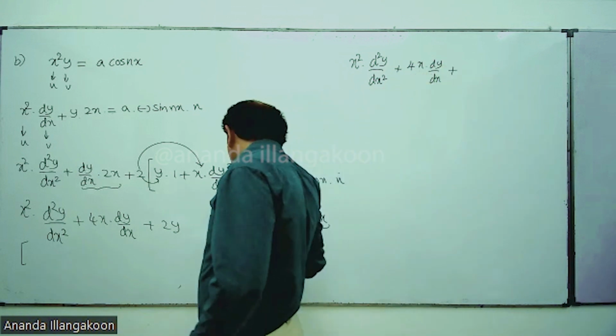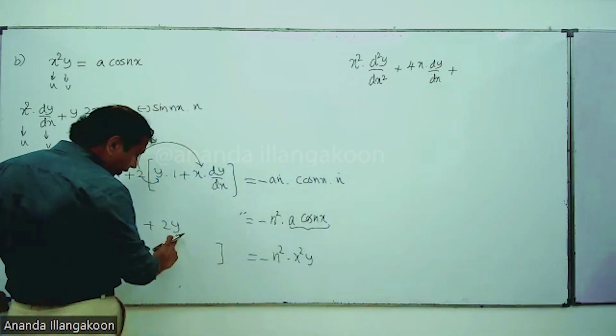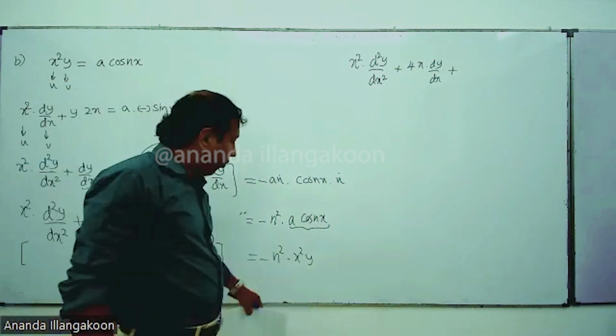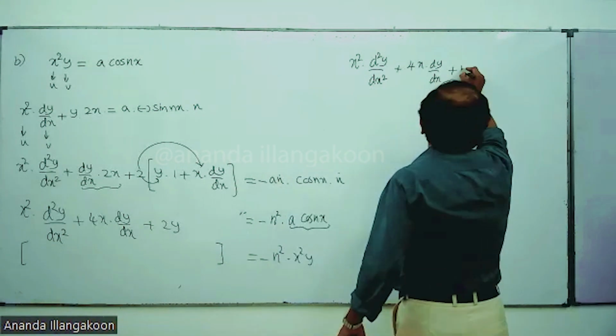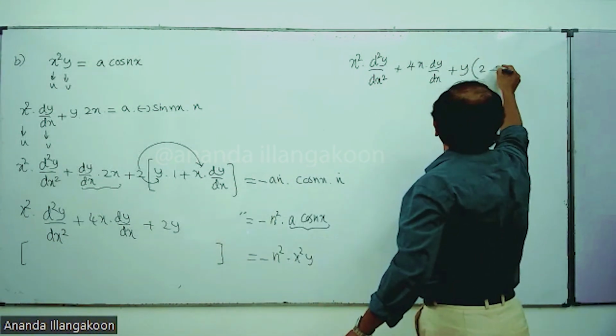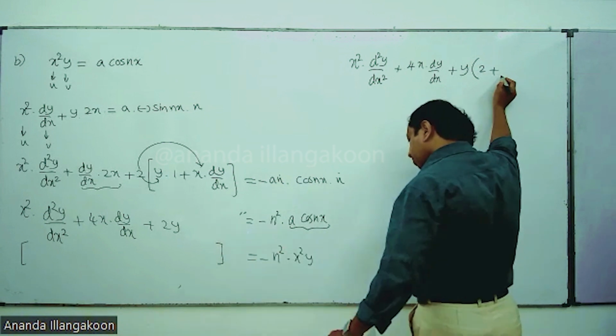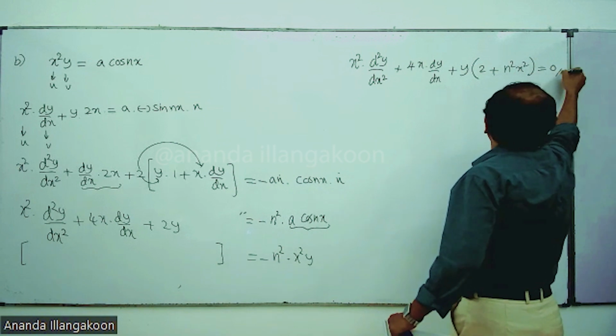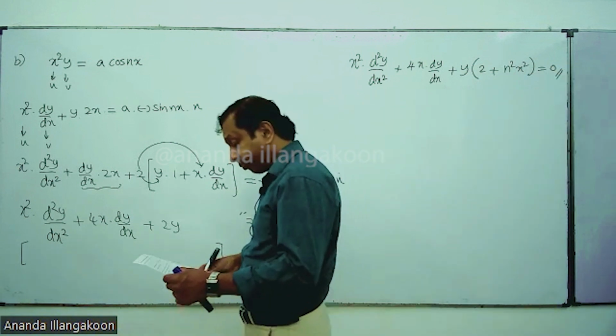Take this to the left hand side, this will be plus, and here also we have 2y. There we have y. Take that y out. Once you take y out, there we have 2 within bracket. Take this side plus n squared x squared coming there, should be equal to 0. So this is how we get that answer.